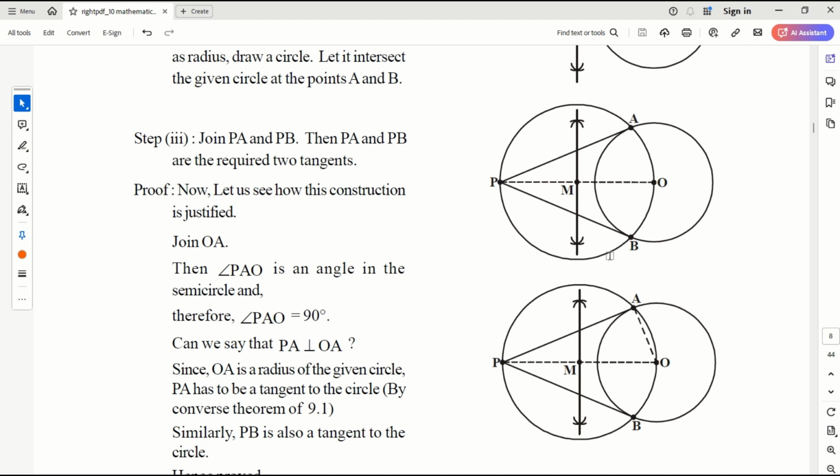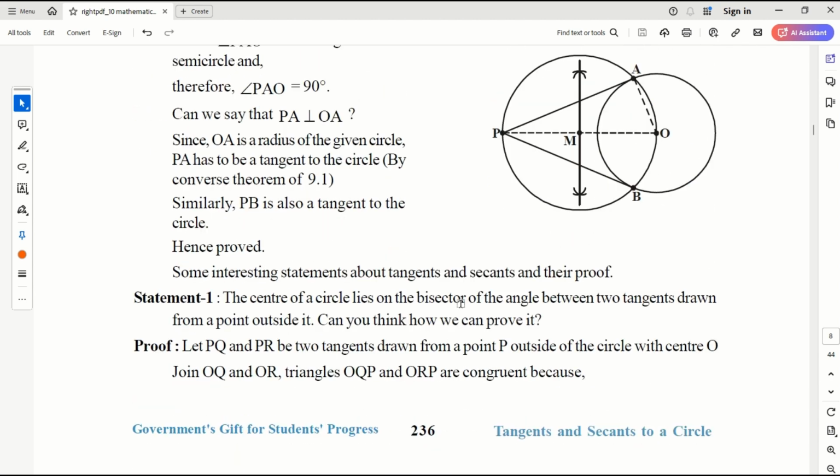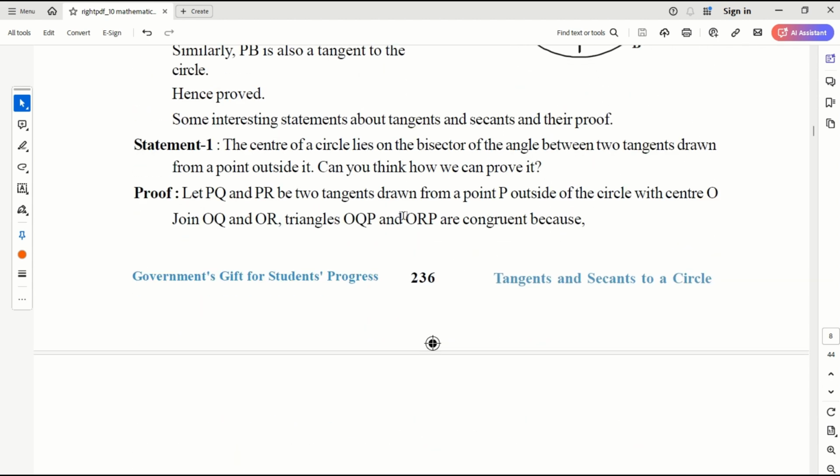If you see the bigger circle, PO is the diagonal. Diagonal always makes 90 degrees on the circle. So A is a point on the bigger circle and angle PAO will be 90 degrees, which means in the small circle, PA is the tangent making 90 degrees to the radius OA. So that is the tangent, right? So this is how we can prove it easily.